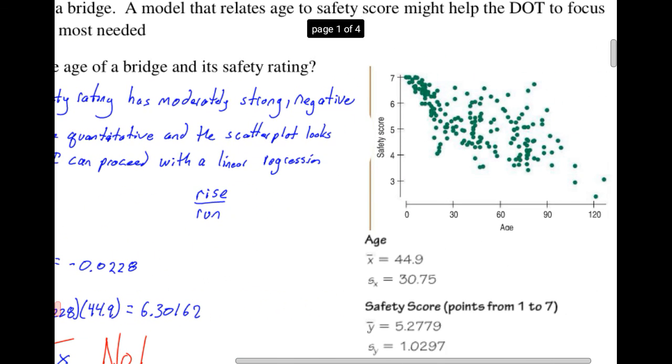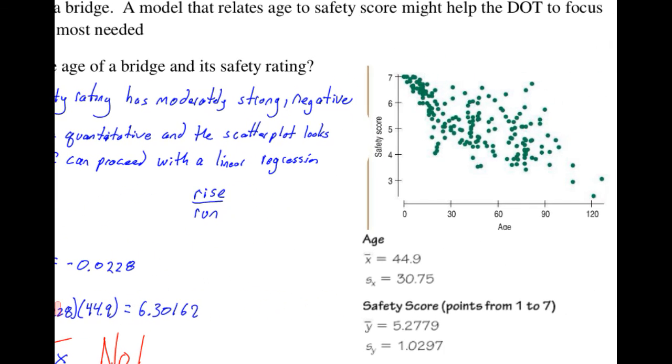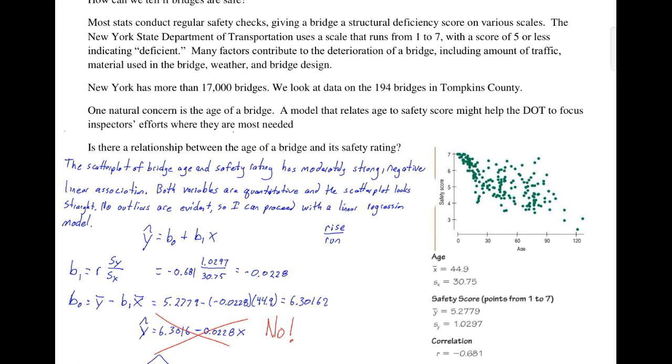So my run is age, my rise is score. So for every 1 unit of age I increase, the score rises by my slope there. So that's what we're going to write down here.